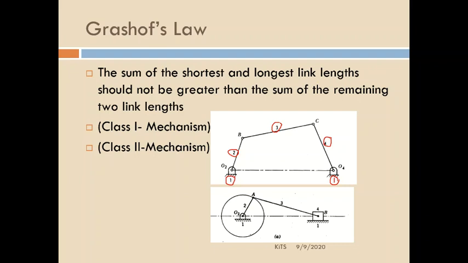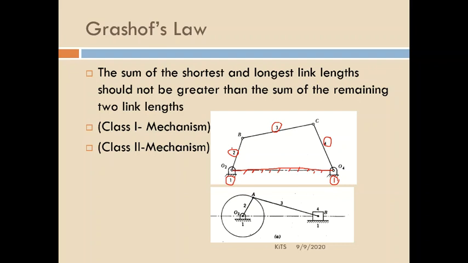two link lengths. For example, in this case, this is link 1. Link 1 is the longest link in this mechanism, and link 2 is the shortest link in this mechanism.